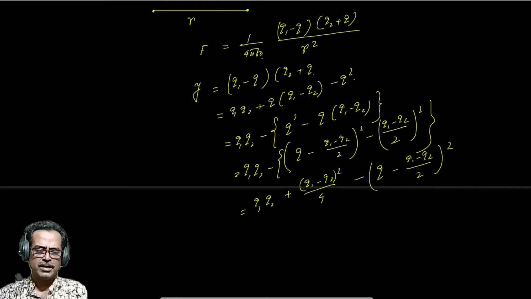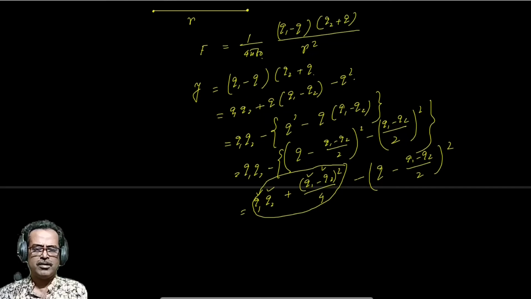Now it is clear that q1 and q2 are constants, so this whole part is constant. So the value of y, whether it is maximum or minimum, depends on this value. If this is maximum, it will give the minimum, and if it is minimum, then it will give the maximum value.